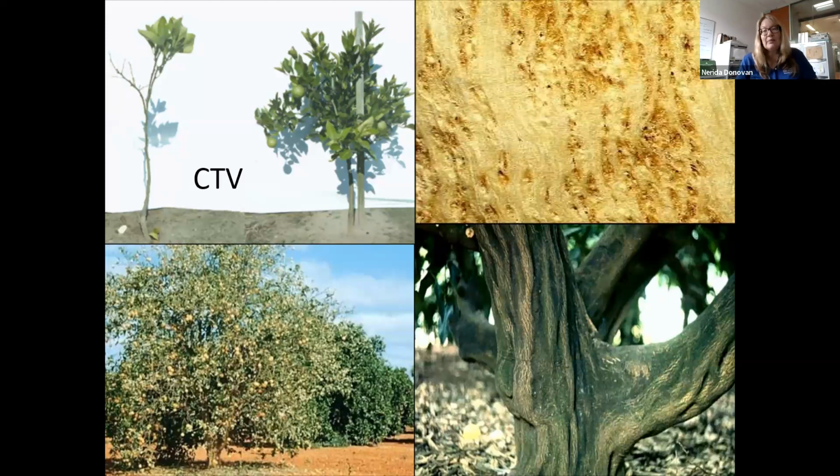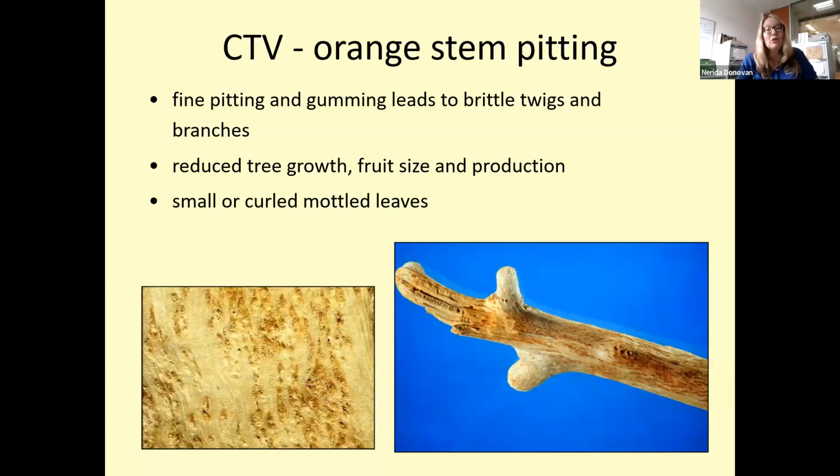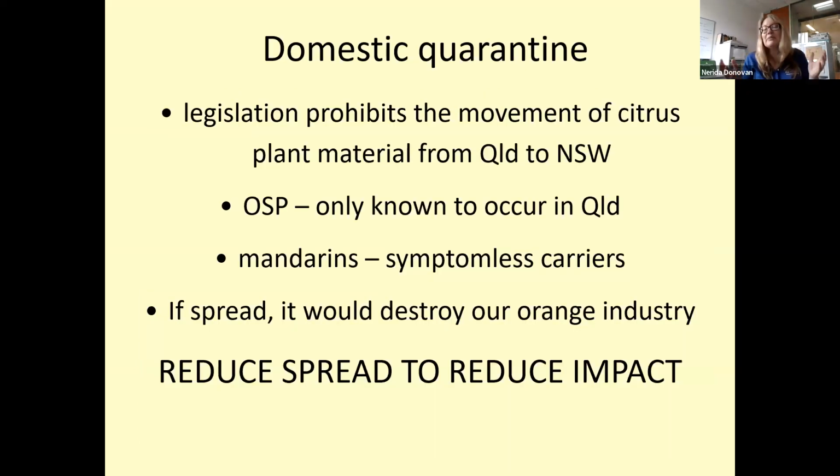And then there's orange stem pitting, that's the top photo, that is only recorded to occur in Queensland, and it results in fine pitting, not the big pits for grapefruit. It's even worse. It's more destructive. It's fine pits and gum that lead to brittle twigs and branches. There's reduced tree growth, fruit size and production, and that is why we've got some domestic quarantine.